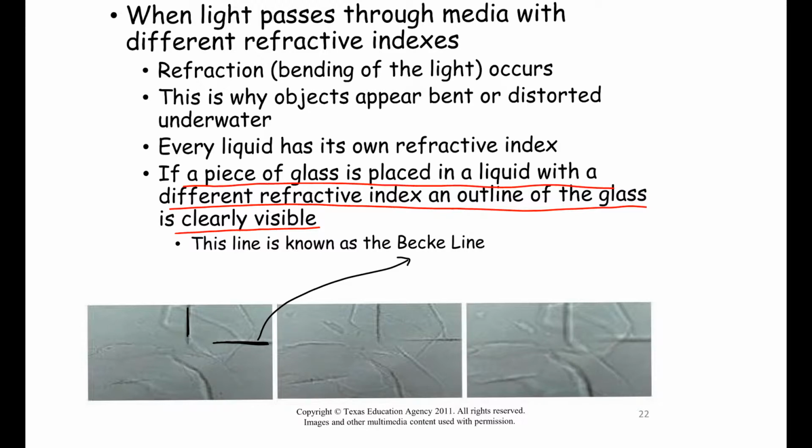Okay, now I'm going to choose a different color for the next one. Right here, there's an outline of a piece of glass. It's very, very faint, almost to the point where you can't see it. Because I can't clearly see it, it tells me that this piece of glass and this liquid have the same refractive index, because that glass disappears in that liquid.